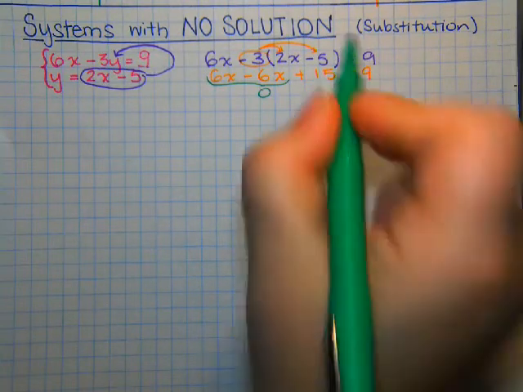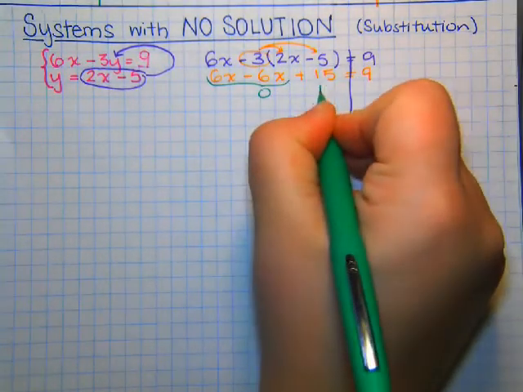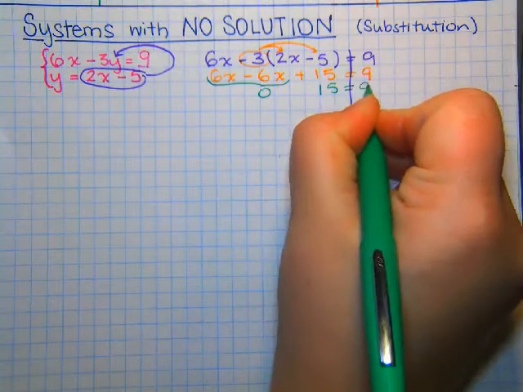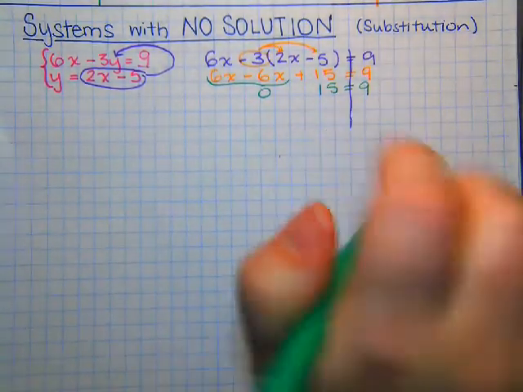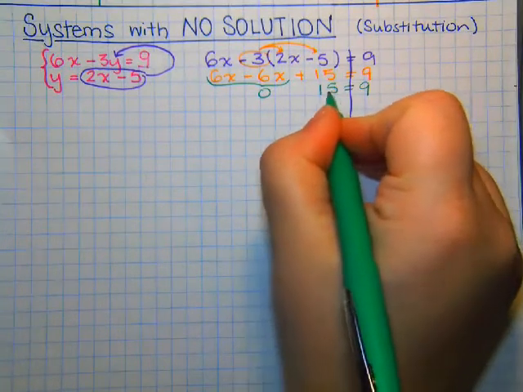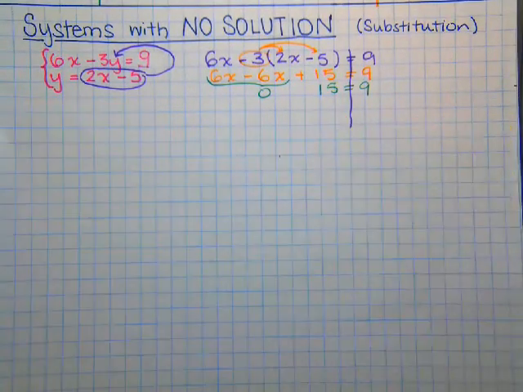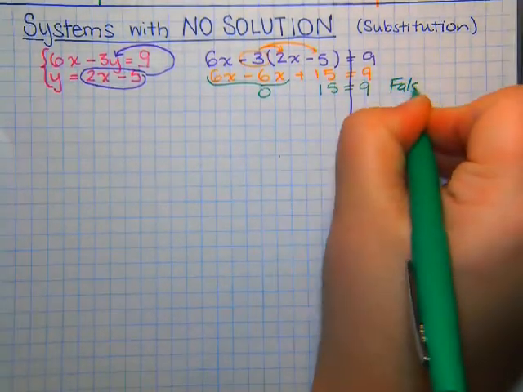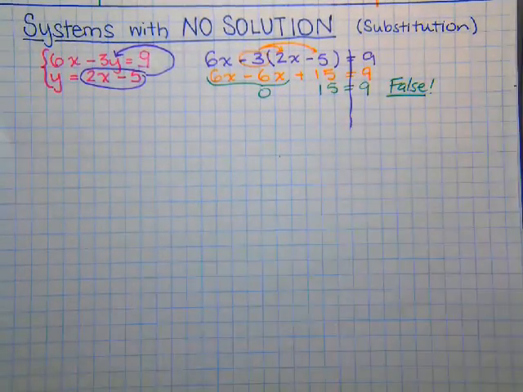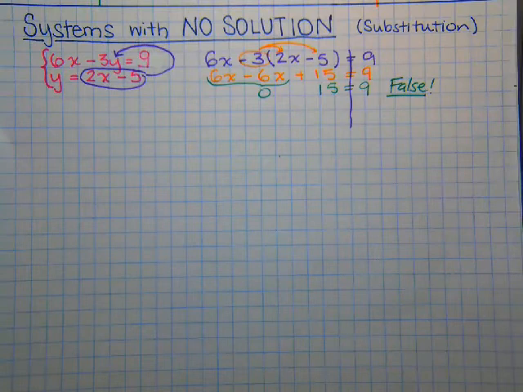It's gone. So we have just the 15 equals 9. So no more variables, 15 equals 9. So that's my remaining statement. 15 equals 9. Well, last time I checked, that was false. So now my variables have disappeared and the remaining statement is false. That means there is no solution.